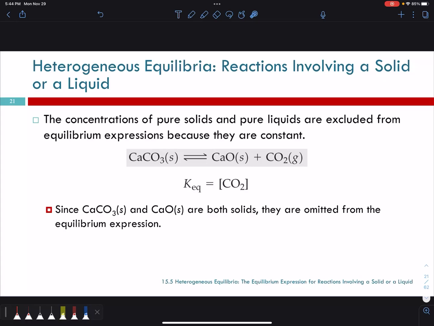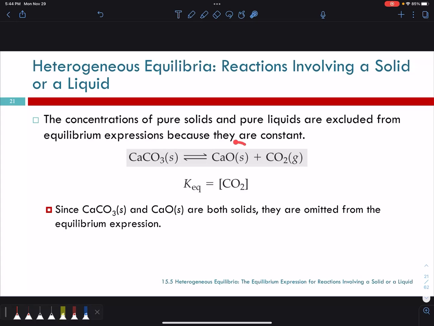So for heterogeneous equilibria, reactions involving a solid or liquid, those are taken into account differently. The concentrations of pure solids and pure liquids are excluded from equilibrium expressions, because they are essentially constant.